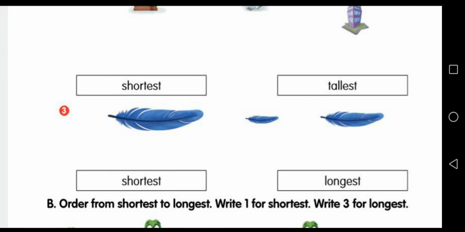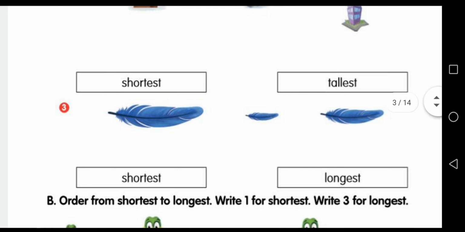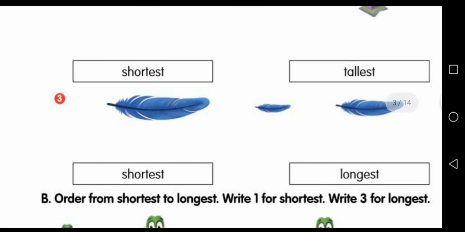Now, which one is the shortest? Is it number 1, 2, or 3? Yes, excellent. It's number 2. Now, which one is the longest? Is it number 1 or 3? Number 1. Perfect.